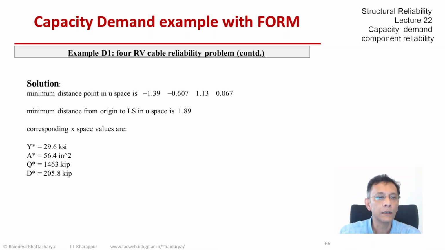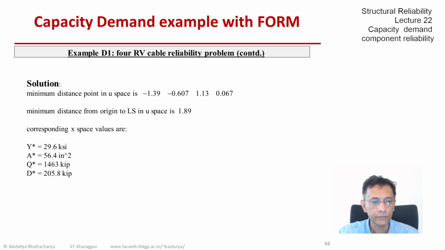So the minimum distance point, beta, the reliability index, is 1.89, and the corresponding design values, the checking point values in the basic variable space, are what you see on the screen. About 30 ksi for yield, about 56 square inch for area, about 1463 kip for the live load, which is less than what we saw in problem C1, and the dead load is slightly above the mean at about 206 kip.